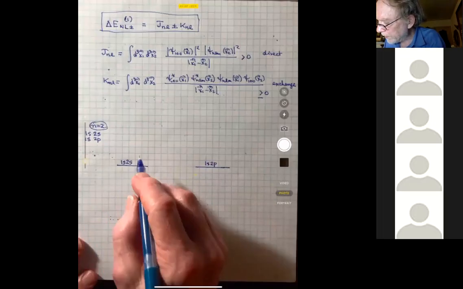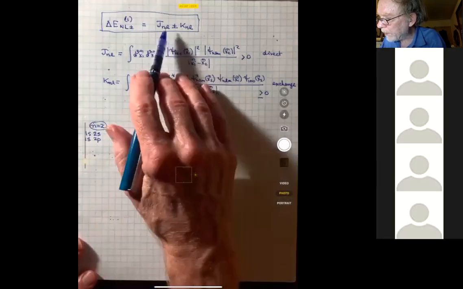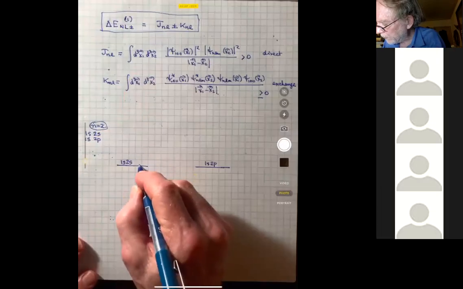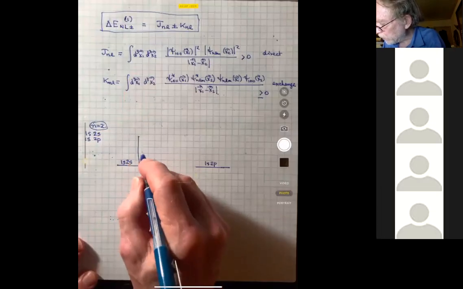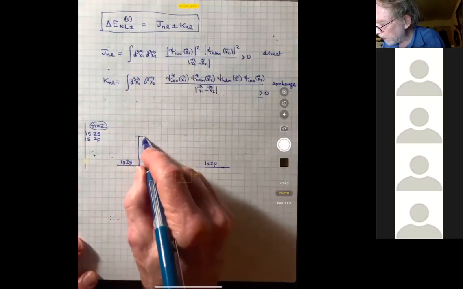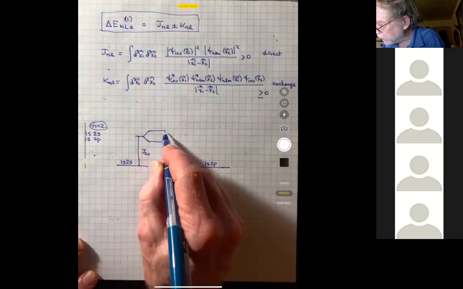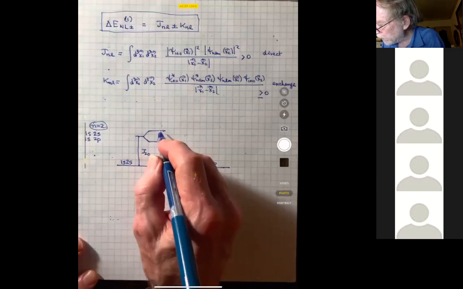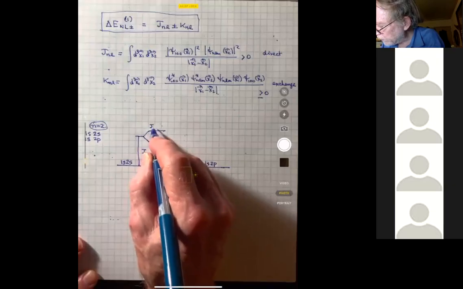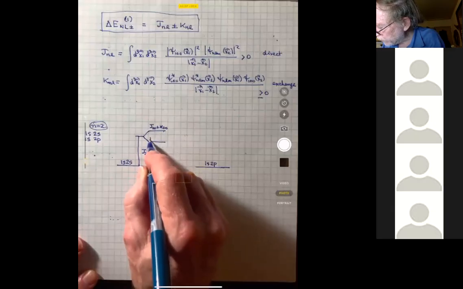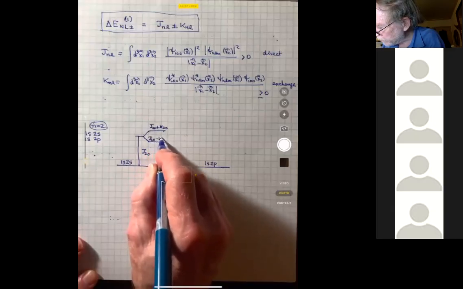Now then, if we look at the 1s, 2s, the energy shifts are the J plus and minus the K. So there's a J20 here, goes up like this. And then by doing the plus and minus the K20, we get one here, which is J20 plus K20, and the lower one, which is J20 minus K20.